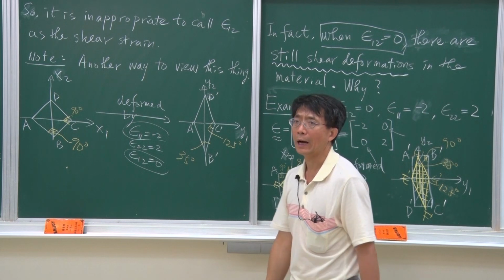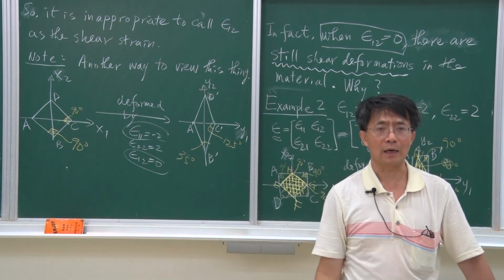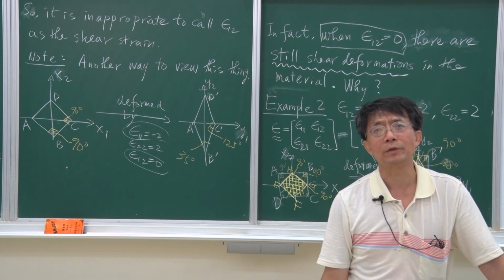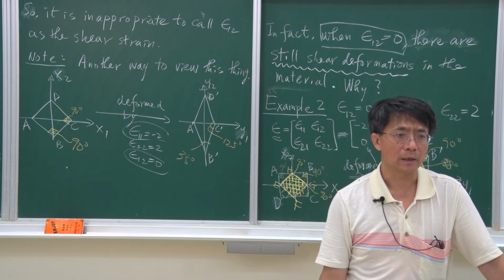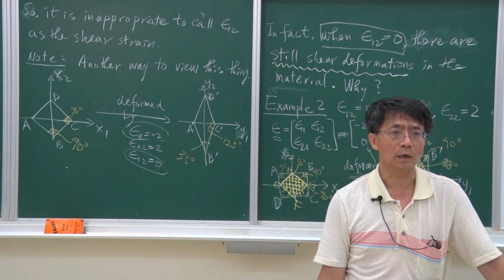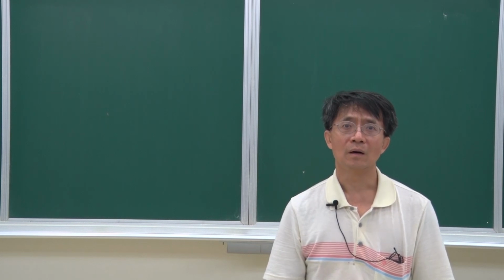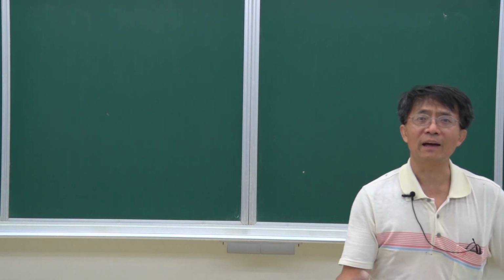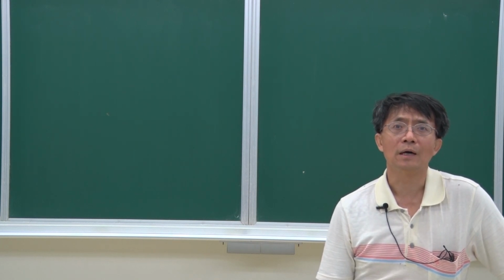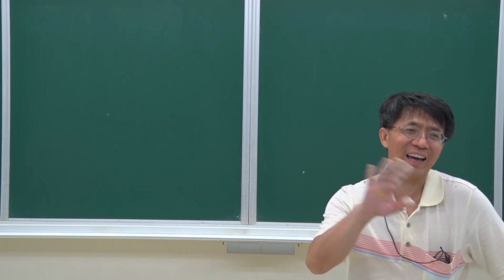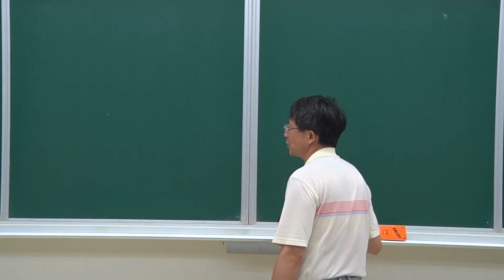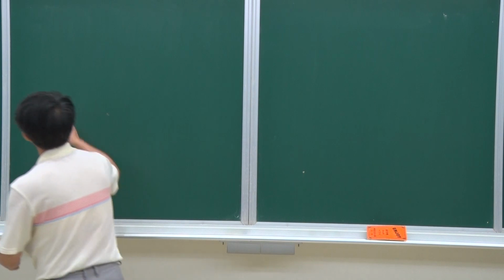So this is the point I want to tell you, because it is a dangerous idea to think that F12 is the shear strength. Now we have already disqualified the term F12 as the shear strength. It is not qualified anymore.